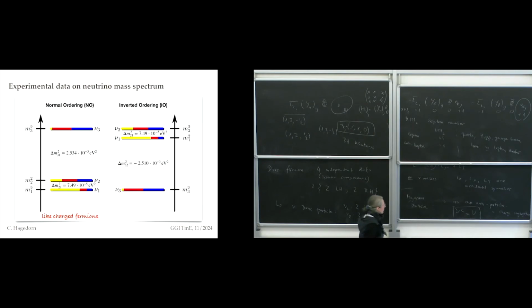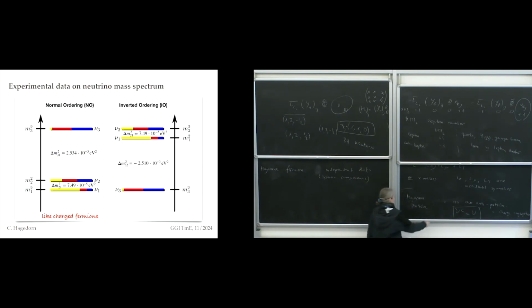What kind of consequences does this equation have if we now think in terms of degrees of freedom? I was dwelling on the fact that the Dirac particle has 4 degrees of freedom. What's the number of degrees of freedom for a Majorana fermion? It's 2.